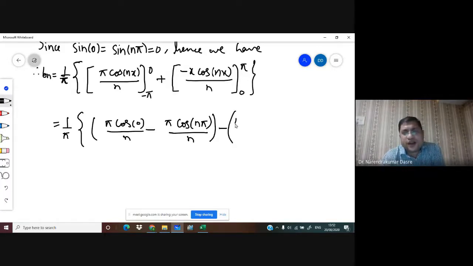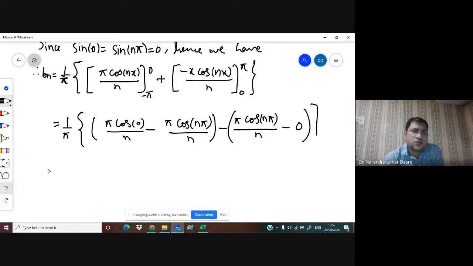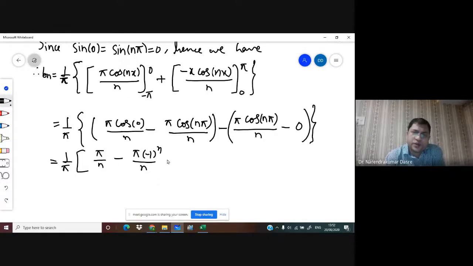If I use pi, it will become pi cos of n pi upon n, and if I use 0, this will become 0. So this way we are able to get the limits. Let us simplify. 1 upon pi, so it is pi upon n, minus pi into minus 1 raised to n upon n, and minus pi, this is minus 1 raised to n upon n.